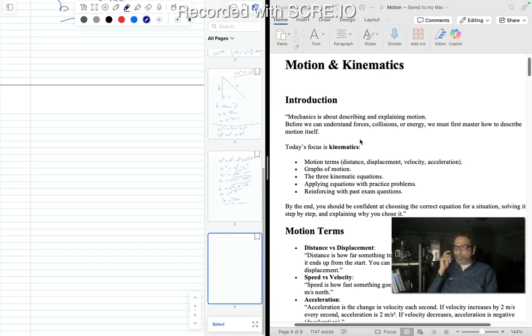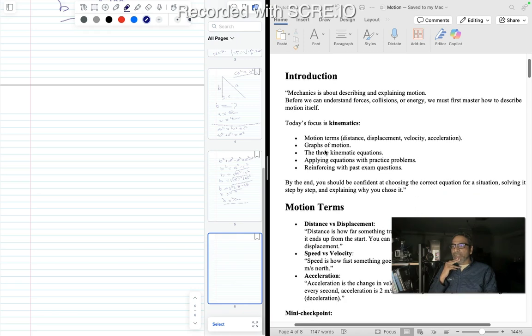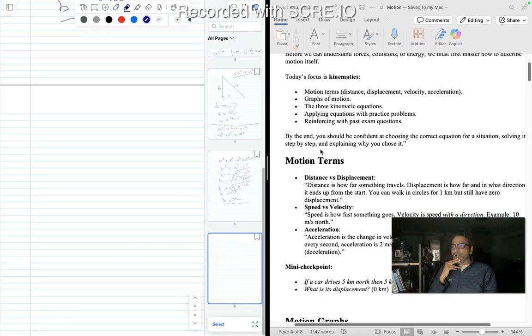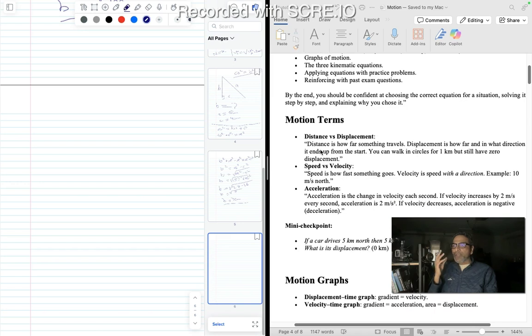Okay, mechanics is about describing and explaining motion. Before we can understand forces, collisions, or energy, we must first master how to describe motion itself, right? To understand motion we have to understand some vector and scalar quantities.